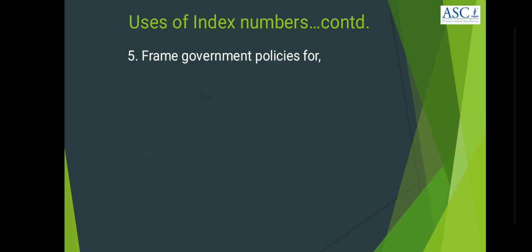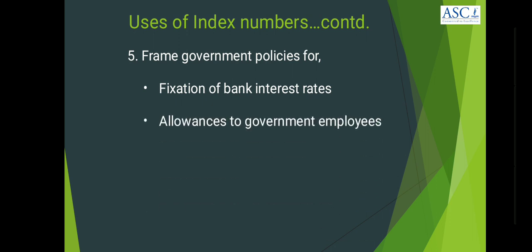The next use, index numbers help government, either central or state governments, to frame different policies, such as the first one, in fixing the bank interest rate depending on the economic condition of the country now and then. Second one, in deciding allowances like dearness allowance amount to be given for government employees.